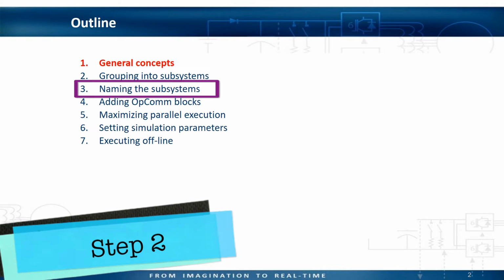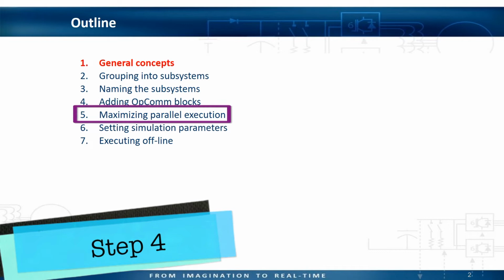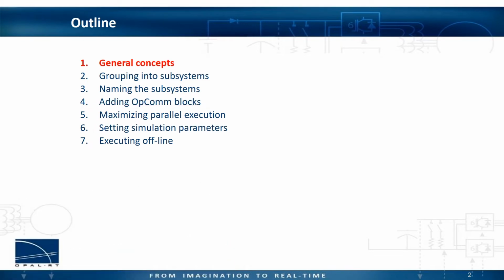Then naming of the subsystem, then adding the opcom blocks, then achieving the parallel execution. So these are the main basic steps of making a MATLAB model compatible to the real-time platform.